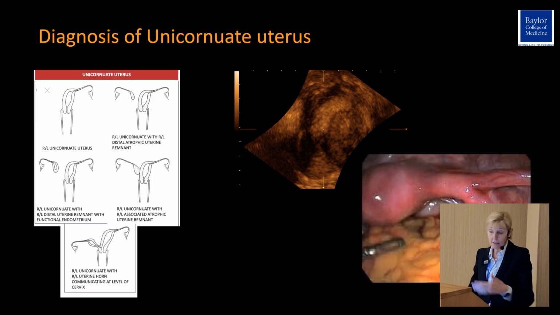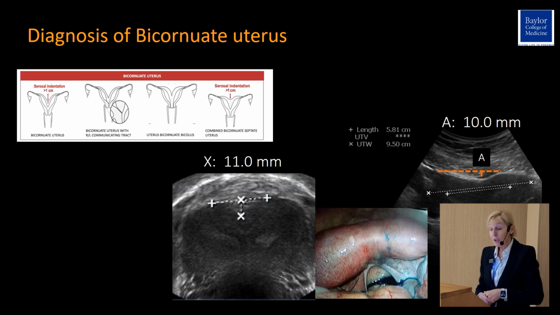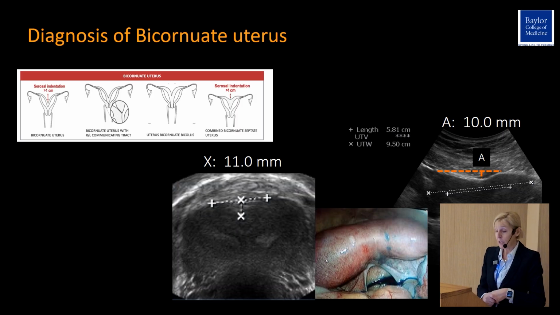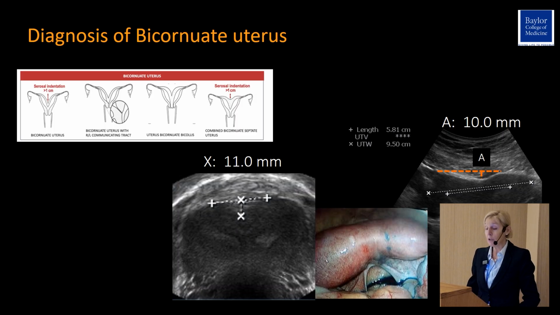And I think, again, 3D has revolutionized the way that we really diagnose these malformations, that when I was a resident and a fellow were actually very mysterious because you didn't have 3D, and so it was very difficult to diagnose them. The bicornuate uterus, based on this MAC 2021 classification, you need to have an indentation of the outer contour that is greater than 10 millimeters in order to diagnose a bicornuate uterus.